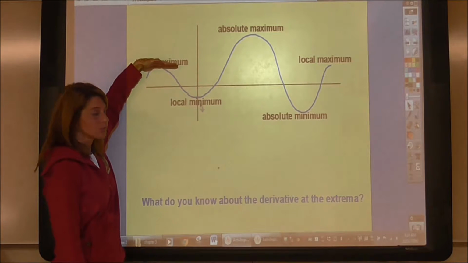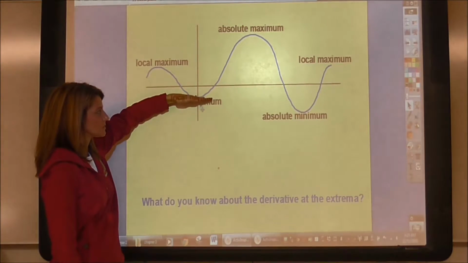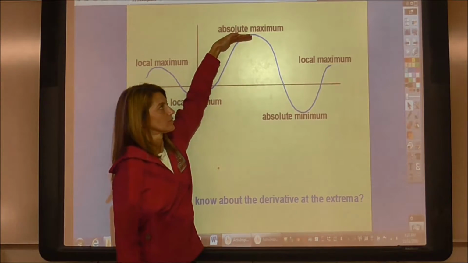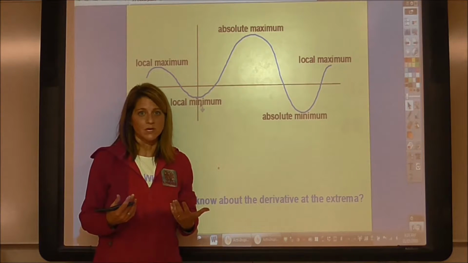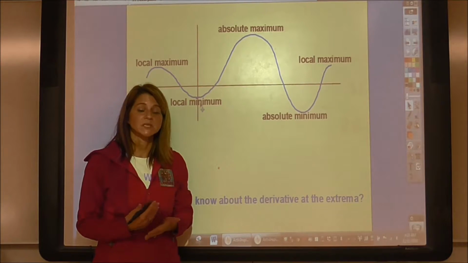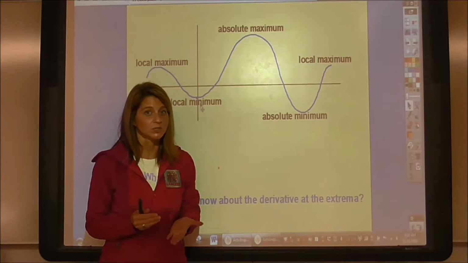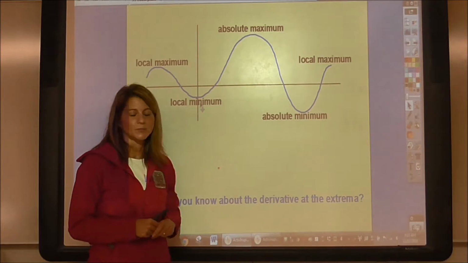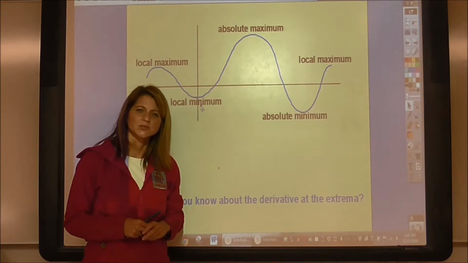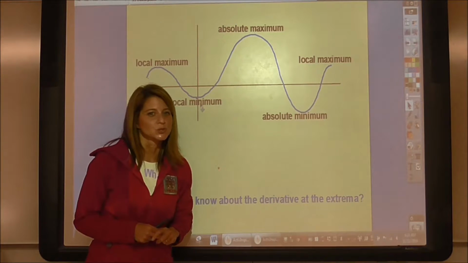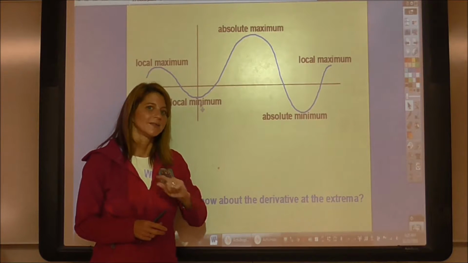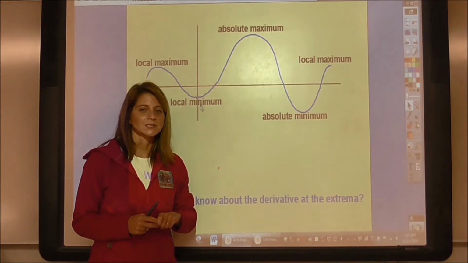And what about the derivative at each one of these? I can hear you think this, right? Every time that derivative is 0. So that's probably something good to pause and go write down. And it's true. If you're going to have an extrema, the derivative is going to be 0. Sort of. That's our very next idea.